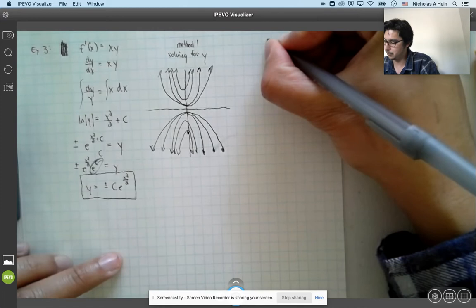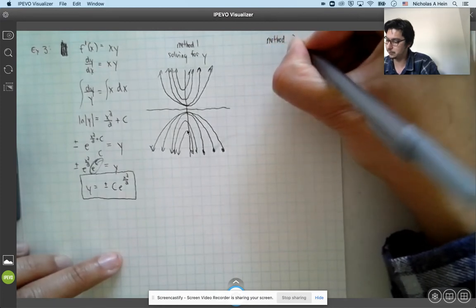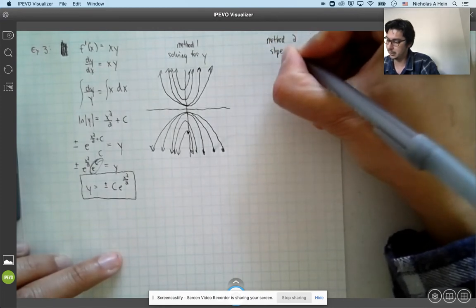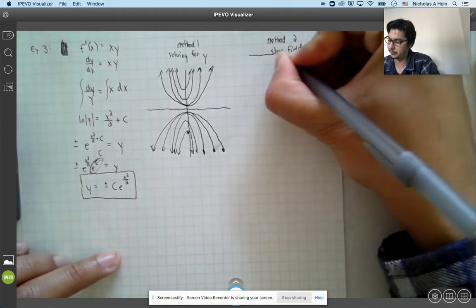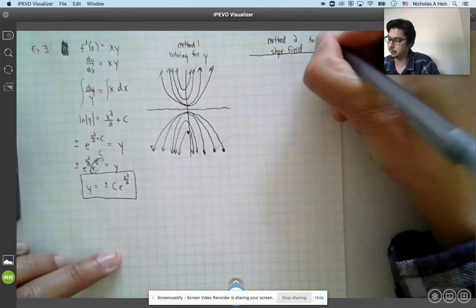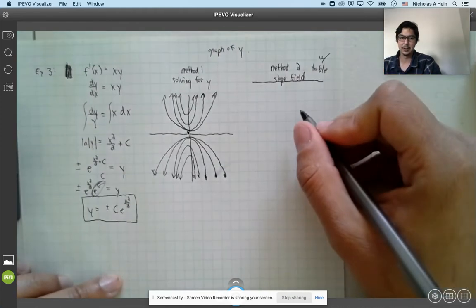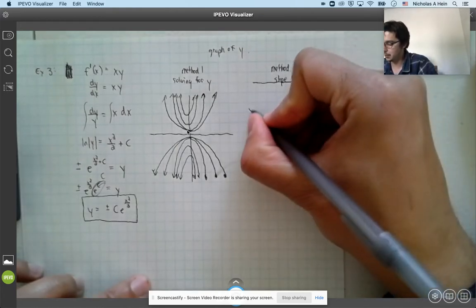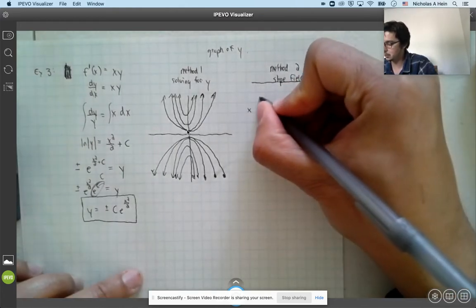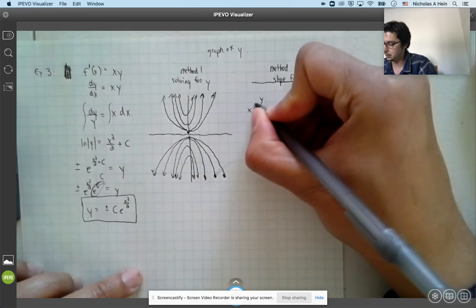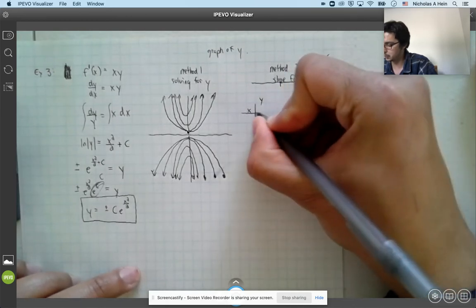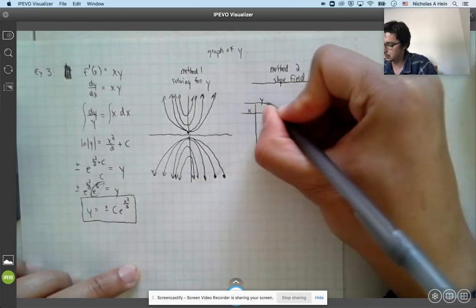Let's do a slope field with the method 2 approach and analyze this a little bit with the table, that is. All right, so since it's x, y, we kind of have to make a bigger table. So let's go x, y. Let's see if I'm doing this right. I don't know if I am actually.